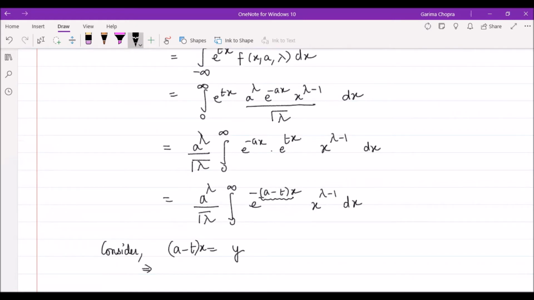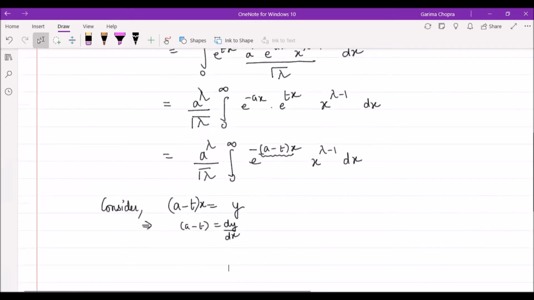When we differentiate both sides with respect to x, we get a minus t. Now let us convert this integral in terms of y as per the substitution.